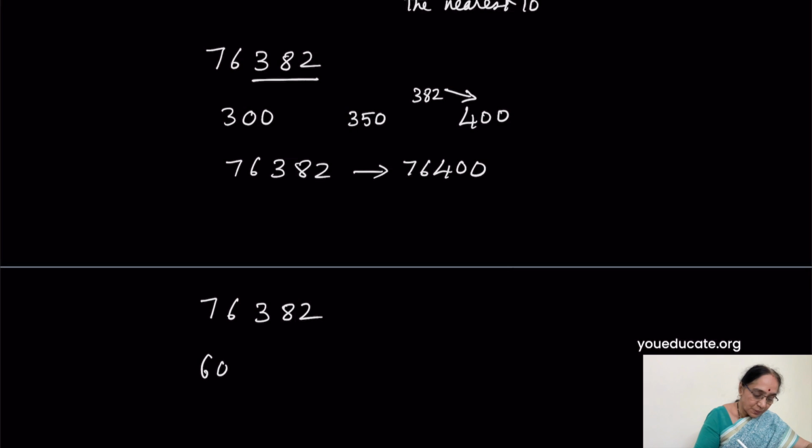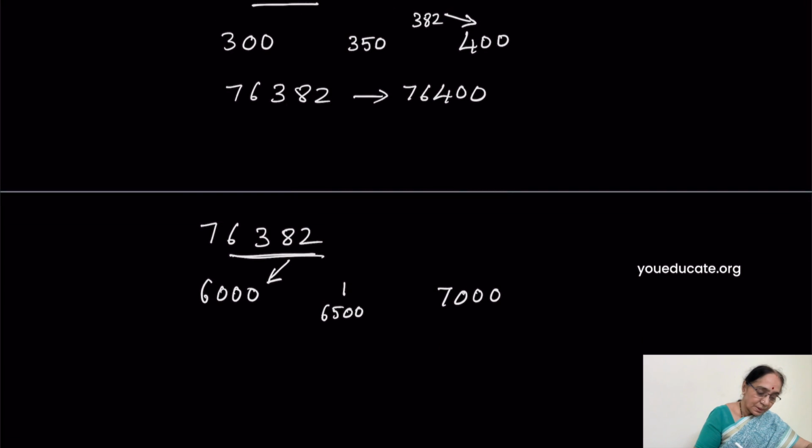So you have 6,000 and 7,000, and you find that 6,382 lies between these two, but the one right at the center is 6,500, and you know that 6,382 is to the left of 6,500, so it gets closer to 6,000. That means when I am rounding it to the nearest 1000, your answer is going to be 76,000.